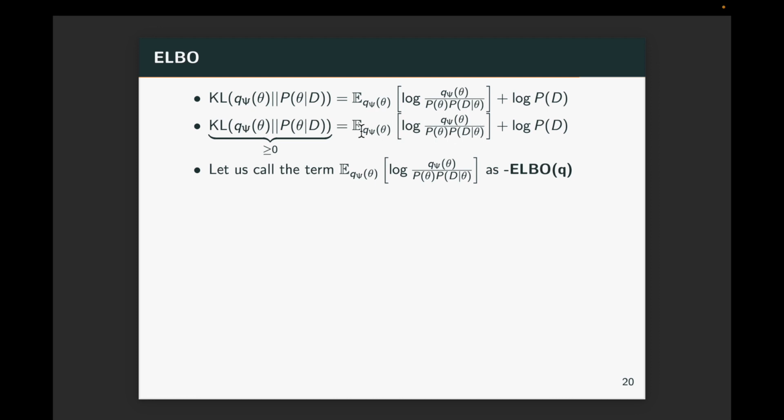This term is known as minus ELBO of Q, and this is the log of P of D term. So what can you say about the log P of D term now? It is greater than or equal to ELBO. So the left hand side is greater than or equal to 0, and you have a minus ELBO term plus log P of D. You take the minus ELBO term to the other side.